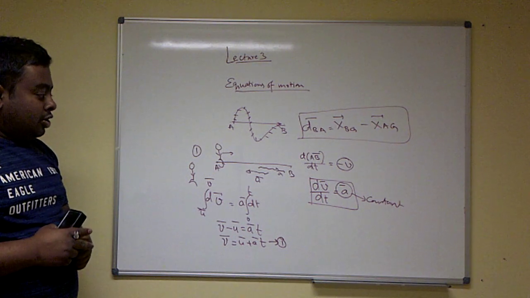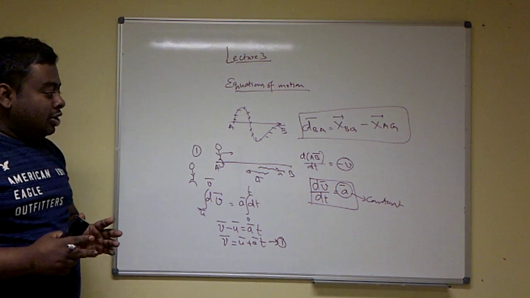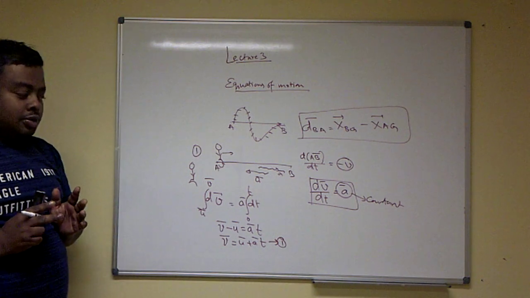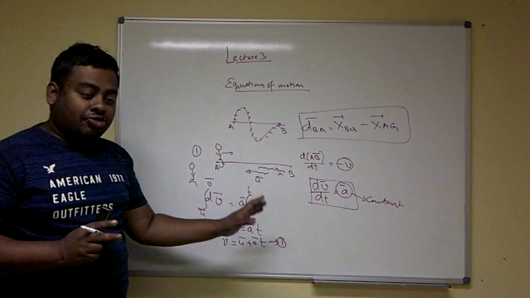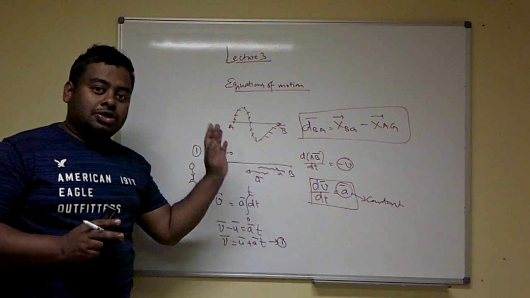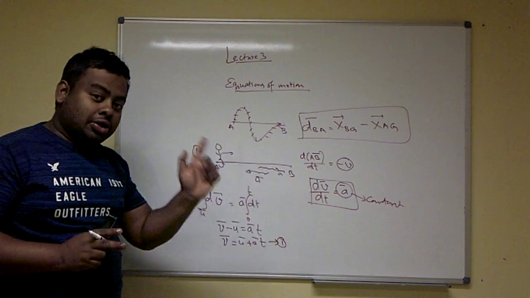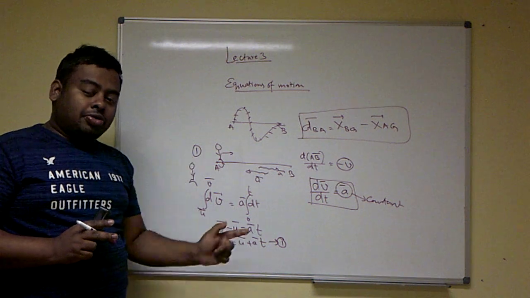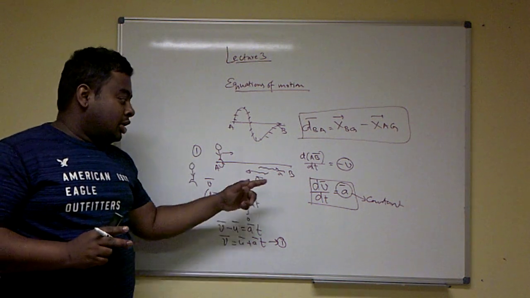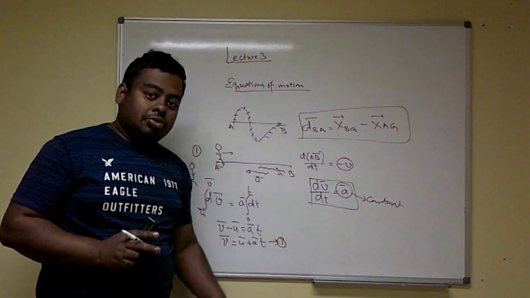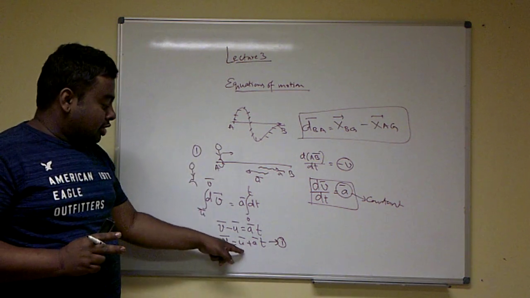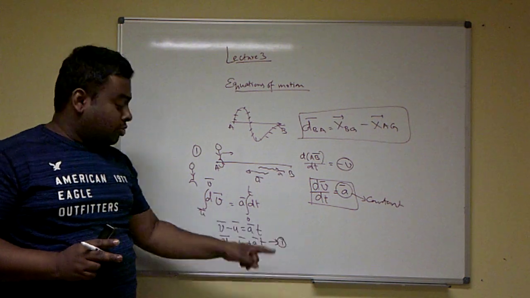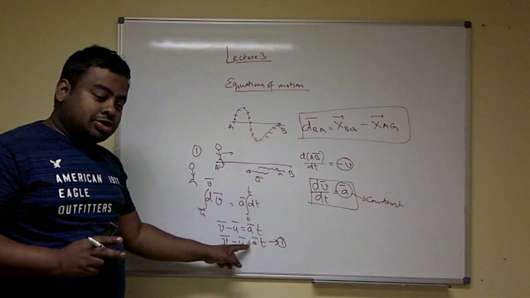Okay, so again, just keep in mind what this equation is based off. This equation is based off the fact that the rate of change of velocity is a constant given by acceleration, and when that constant acceleration is provided, you can always integrate this equation on both sides to get this vectorial equation v vector equal to u vector plus a vector times t, where the acceleration is constant.